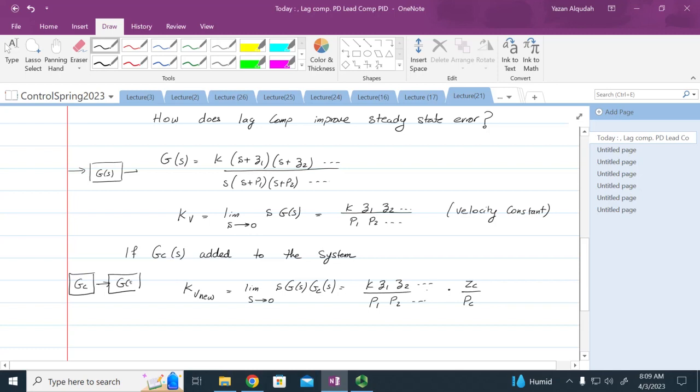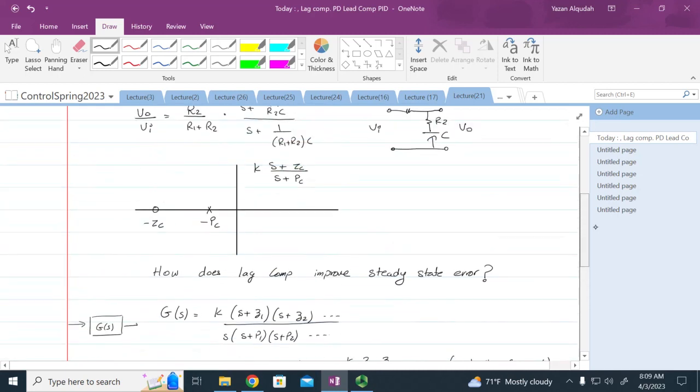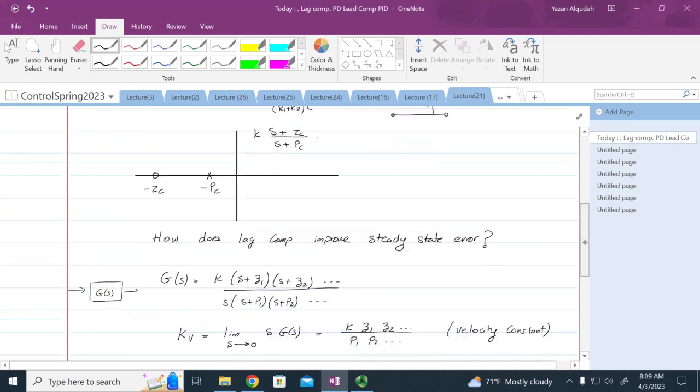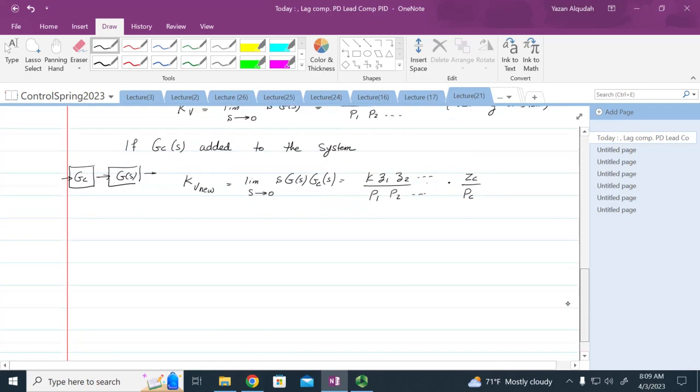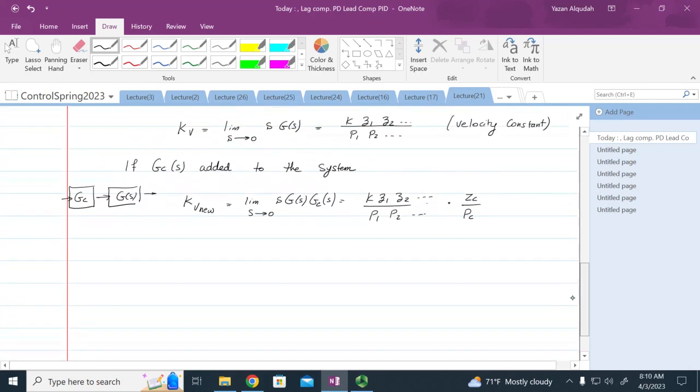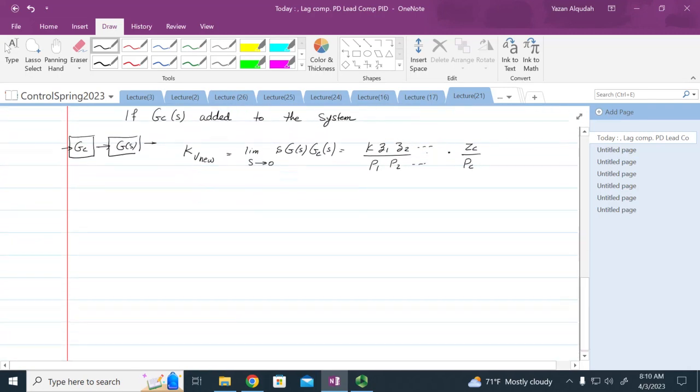And therefore, when we calculate the KV, we're going to take into account the poles and zeros of both of these systems. This was the original one that came from G of S, but then we have ZC over PC that comes from the controller. Is that clear, everybody? Okay.